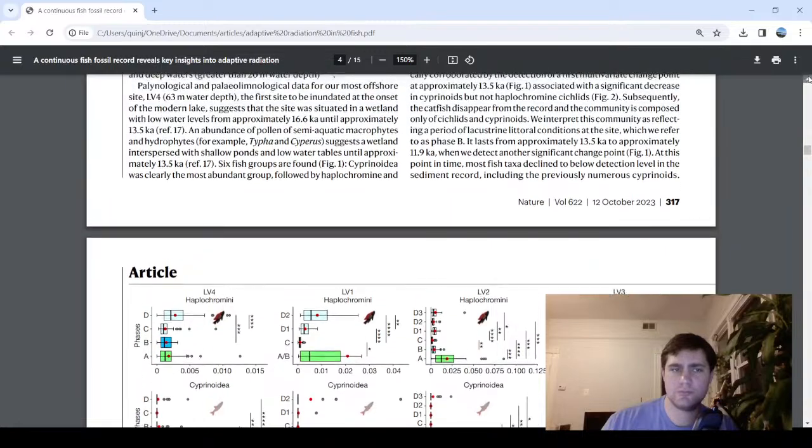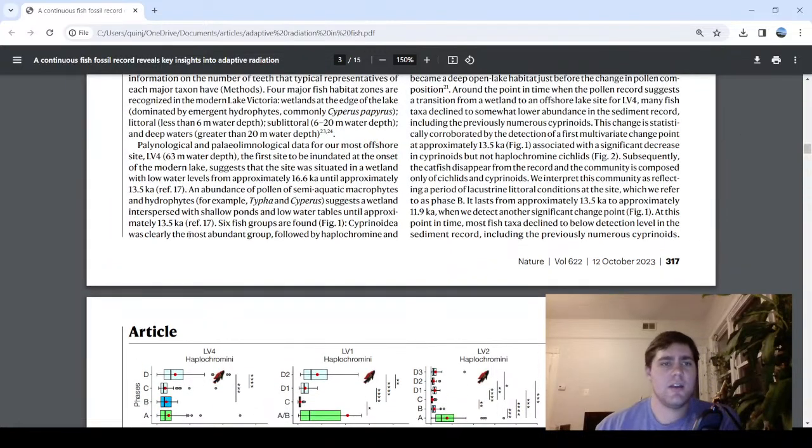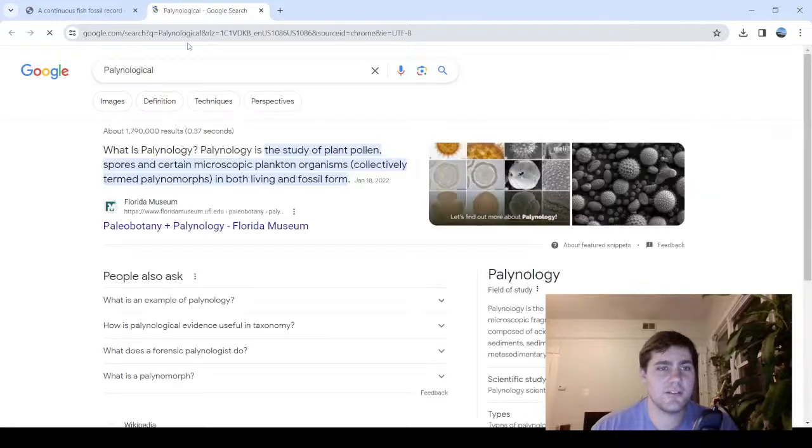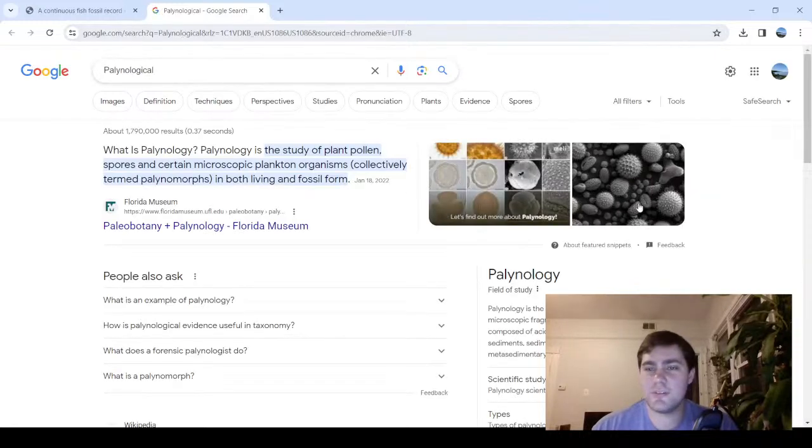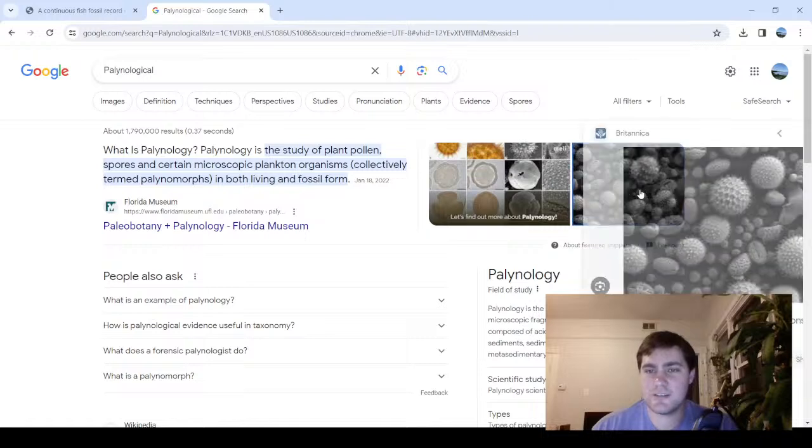Whoa. Palynological and paleolimnological data. Jeez, just throwing out these words. Study of pollen. Oh, that is really cool. I love pictures like these.